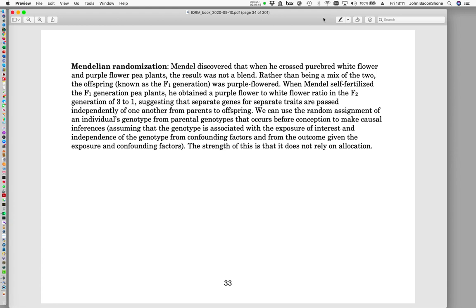The strength of this is it does not rely on our allocation process. If you like, nature is doing the allocation for us.